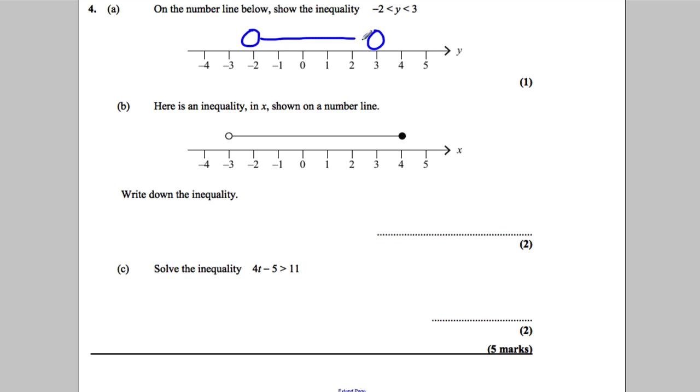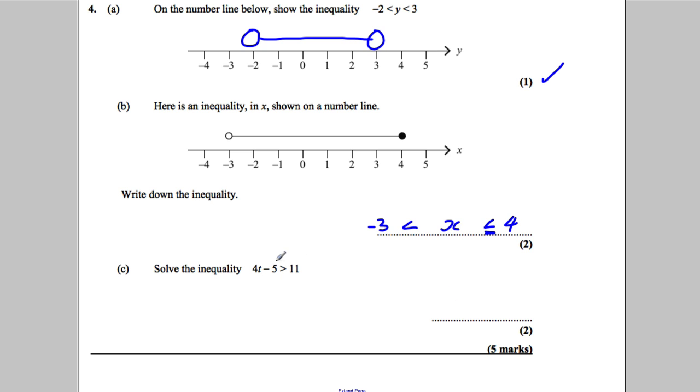Line between them, don't colour in either of them because it's not a less than or equal to sign. There's no equal to, so we're done. Here's an inequality, write it down. Well, x is clearly between 4 and -3, but x can equal 4, so change that sign to a less than or equal to, and we're done.